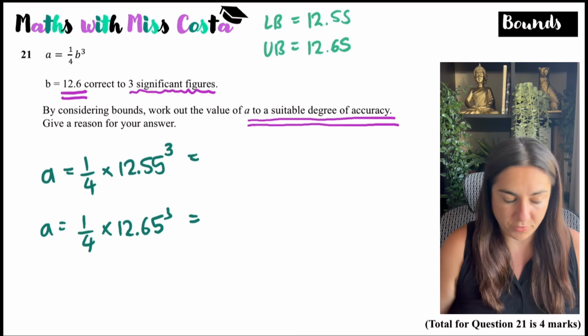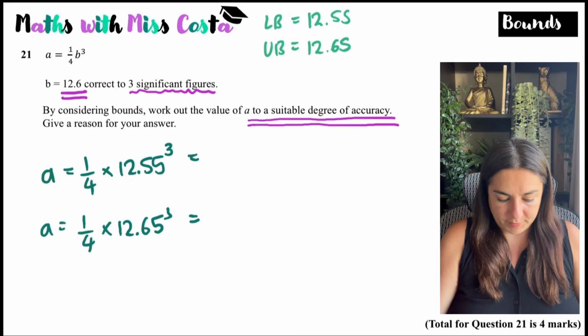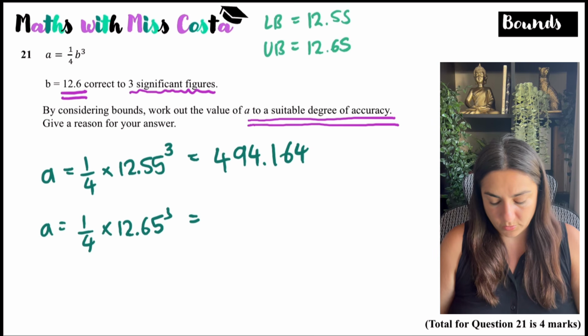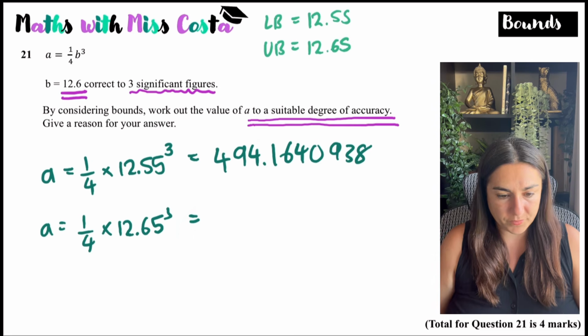So I'm going to figure out what those two are. So 0.25 times 12.55 to the power of 3 is 494.1640938. And then the same thing, but times 12.65 to the power of 3 gives me 506.0711563.